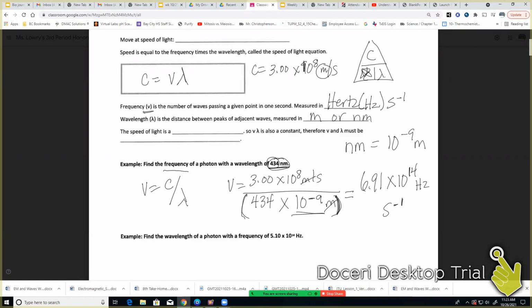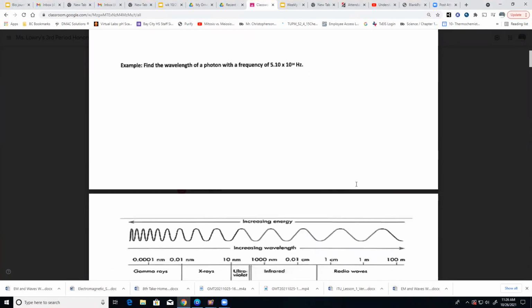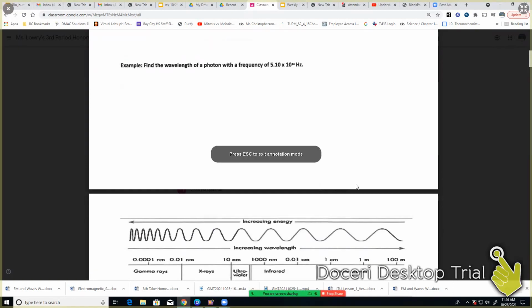All right, let's look at one more of those. So the next one now, I'm trying to find wavelength. So if I use my little triangle, I get the wavelength is equal to C divided by V, which is frequency. And I have my frequency, and I always have C because that's a constant. So I'm going to fill it in.